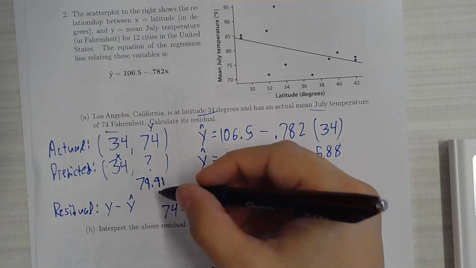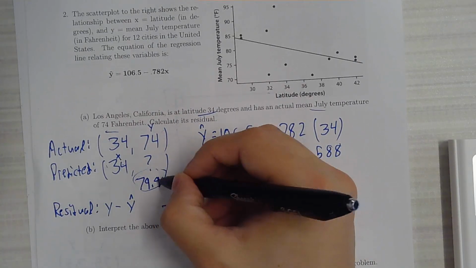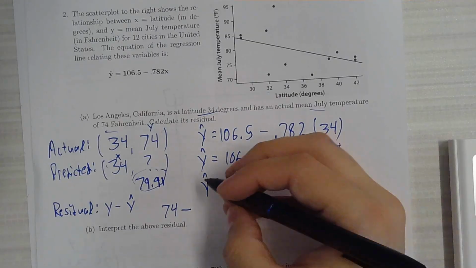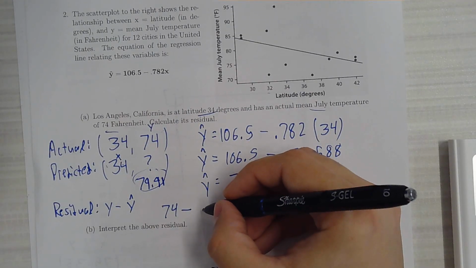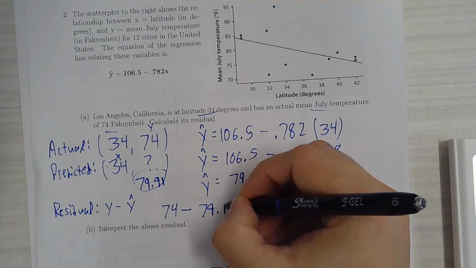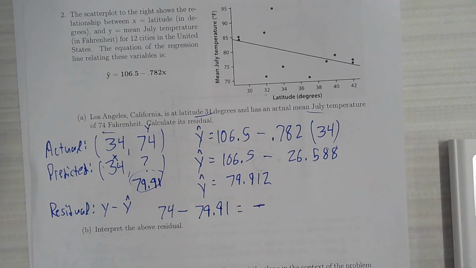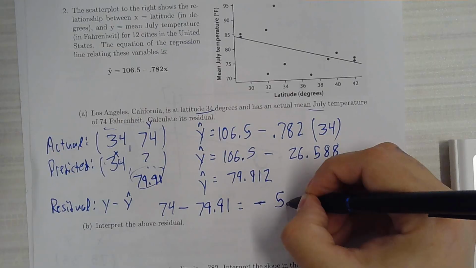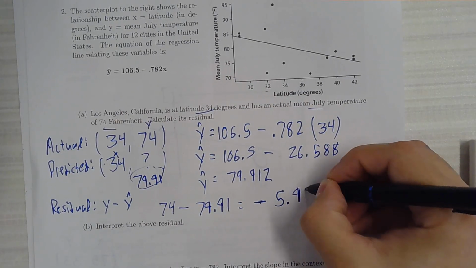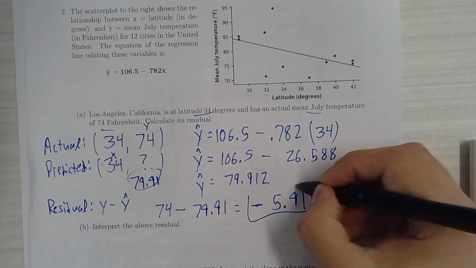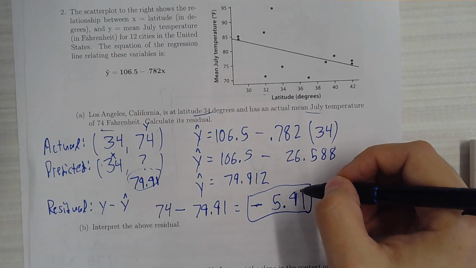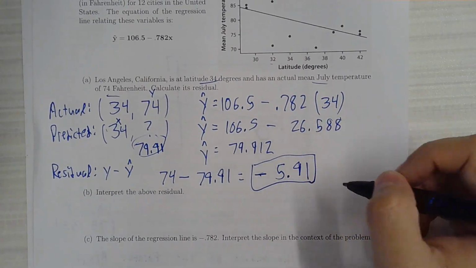The predicted y, which we already found to be 79.91. So we're going to subtract 79.91, and we're going to get negative 5.91. This right here is your residual for the problem.